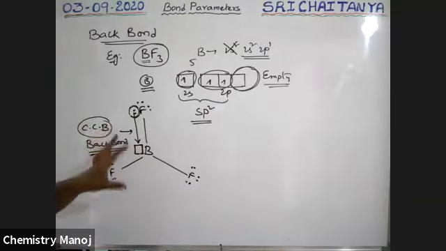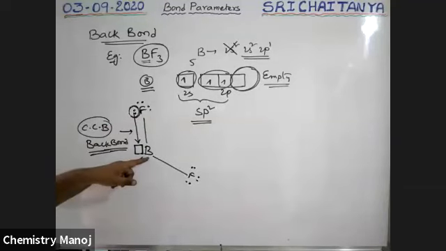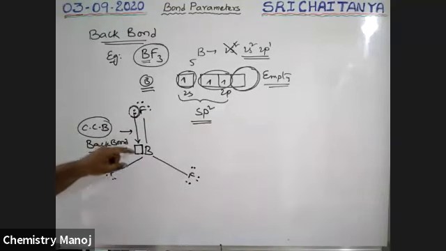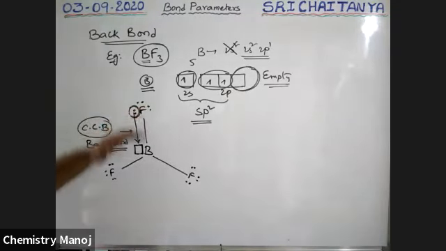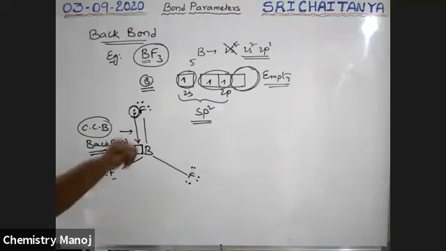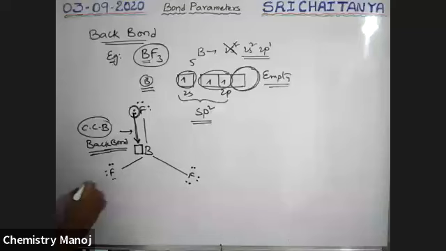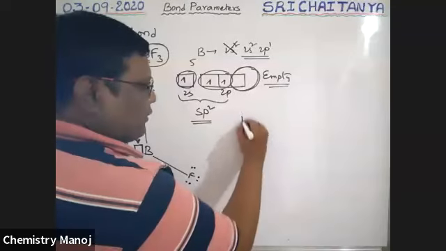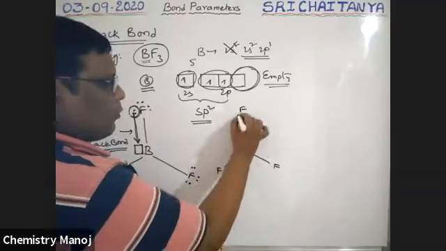If a molecule has a lone pair on one of the attached atoms or the central atom, and an empty orbital on the central atom or one of the attached atoms, then back bond formation takes place. So with 3 fluorines, a back bond is formed.